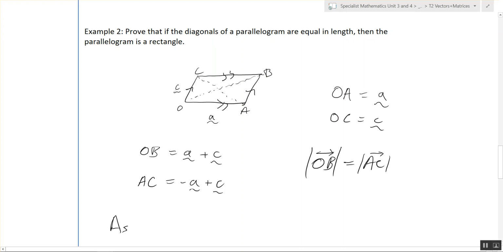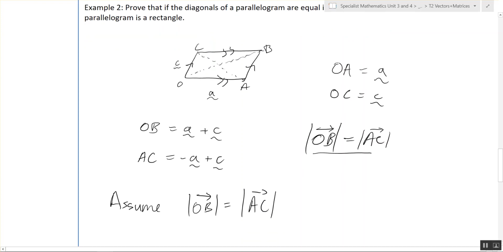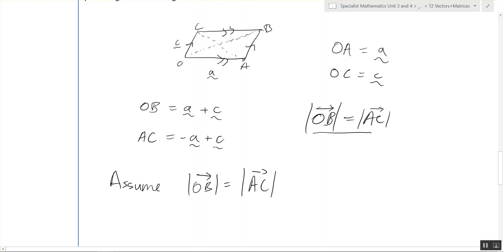So we assume this here, OB equals AC, or the magnitude at least. Okay, so if we square both sides, it's going to become a dot product.